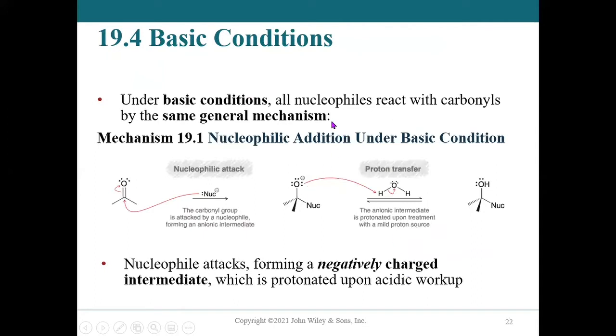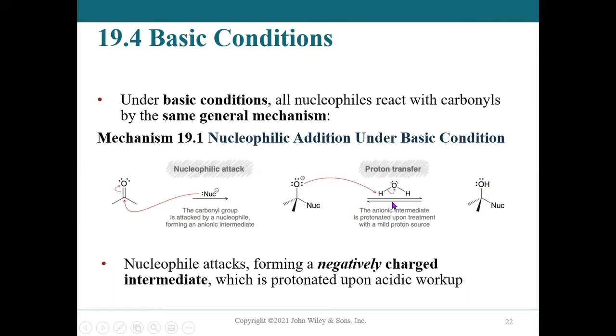Under basic conditions, all nucleophiles react with carbonyls by the same general mechanism. In this mechanism 19.1, nucleophilic addition under basic conditions, the first step is nucleophilic attack. The nucleophile attacks the carbonyl carbon, forming an ionic intermediate.